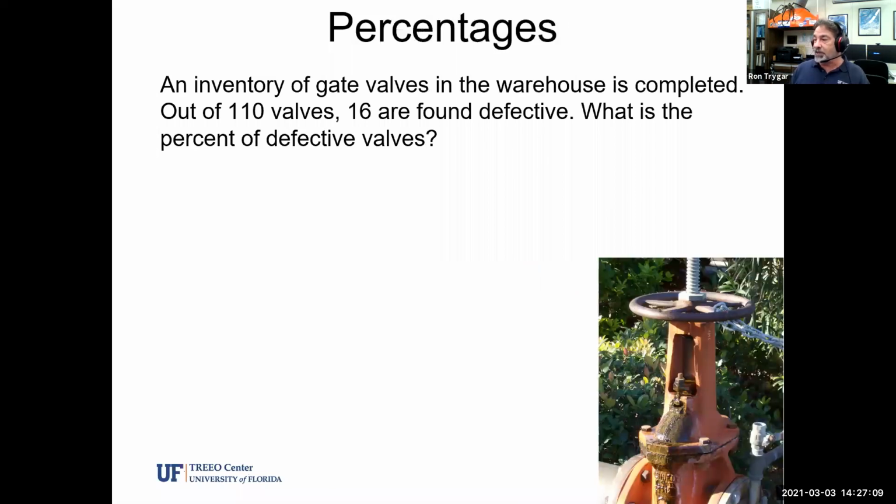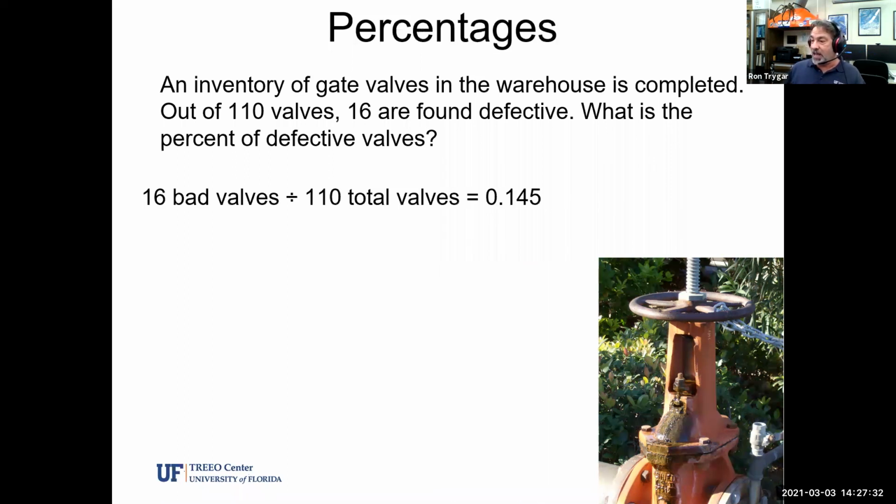We have an inventory of gate valves in the warehouse. And out of the 110 valves that we have, 16 were found defective. So we had 16 defective valves hanging around at the warehouse. And out of the 110 valves we had, what percent of them were considered defective?